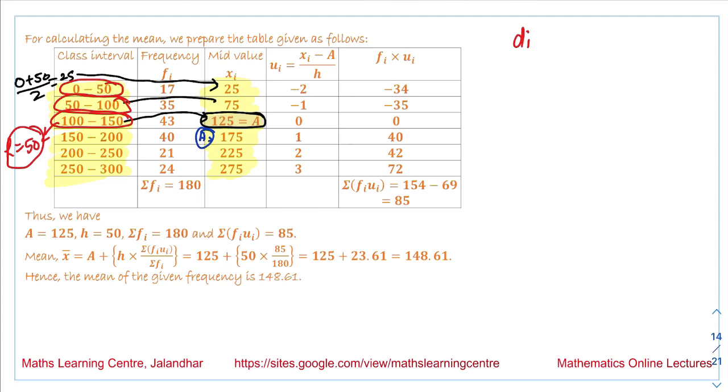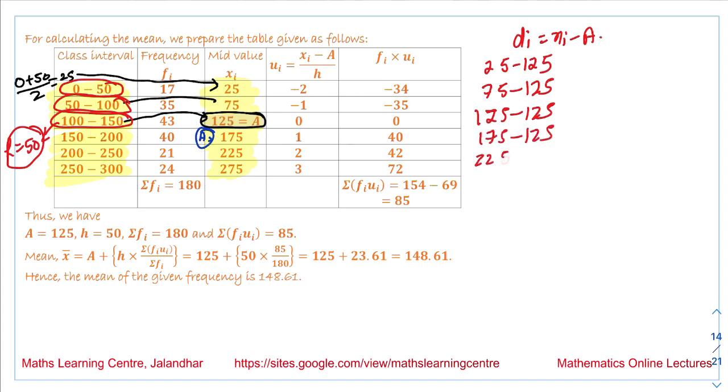The value of di is 25 minus 125, that is xi minus the assumed mean. Then it is 75 minus 125, then 125 minus 125, then 175 minus 125, 225 minus 125 and 275 minus 125.